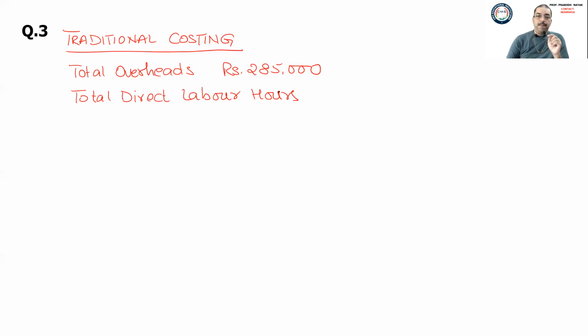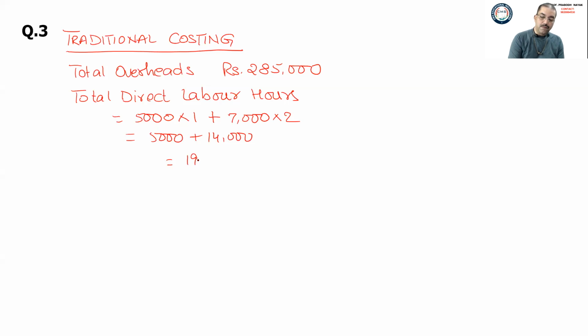We are producing 5,000 units of L and the labor hour per unit is 1. So it will be 5,000 into 1, plus 7,000 units of M and 2 hours per unit. So 7,000 into 2. 5,000 plus 14,000, 19,000 hours.